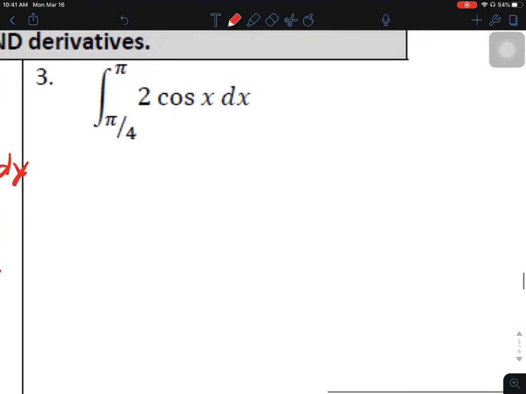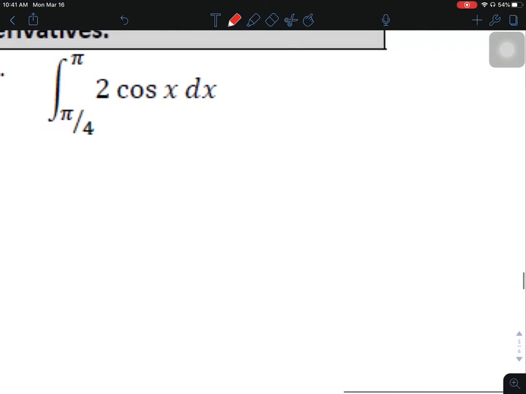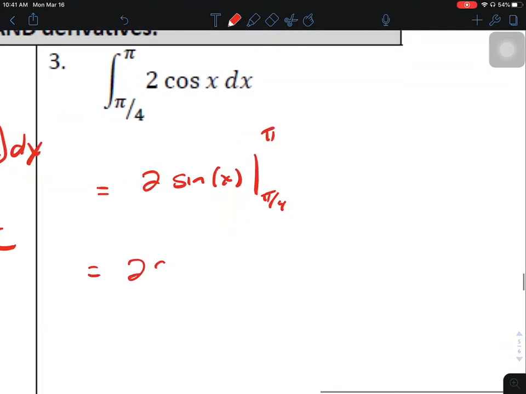Number 3, it's a definite integral. So the antiderivative of 2 cosine of x would be 2 sine of x. Got to evaluate it from pi over 4 to pi. That's going to be 2 times sine of pi minus sine of pi over 4.